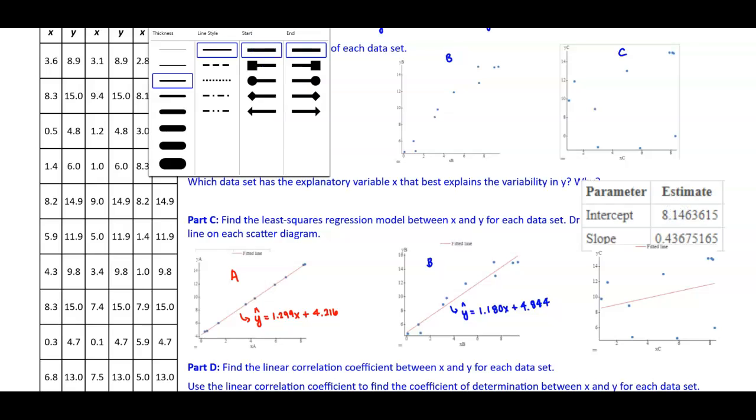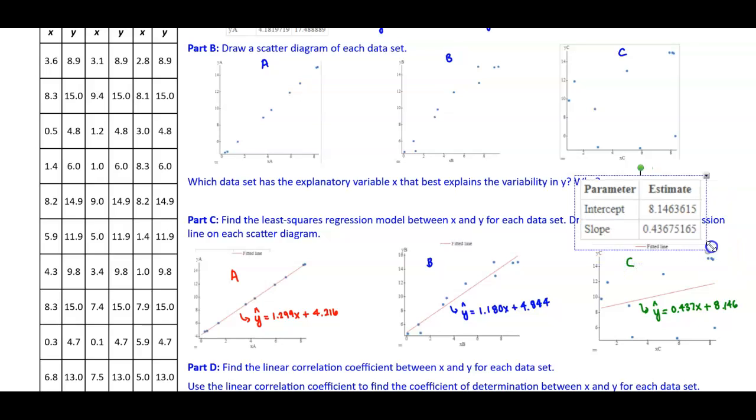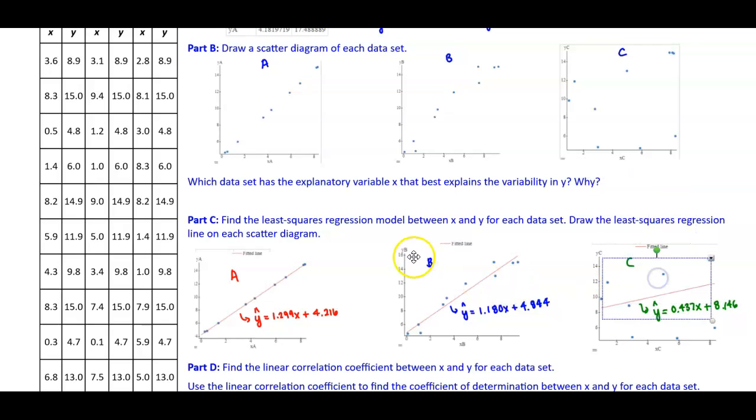So let's go ahead and write that out. So here's data set C, and then that model is y hat, which is equal to the slope rounded to 3 decimal places, 0.437x, and then plus the y-intercept, which is 8.146. And therefore that's going to represent the linear model for that.